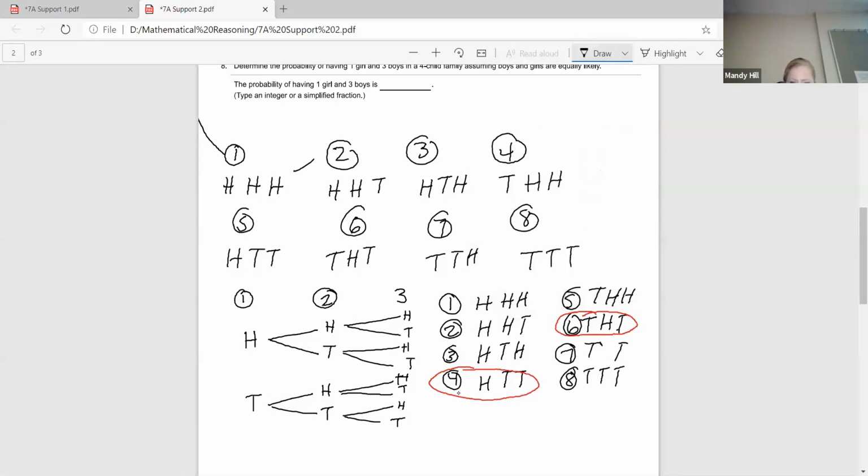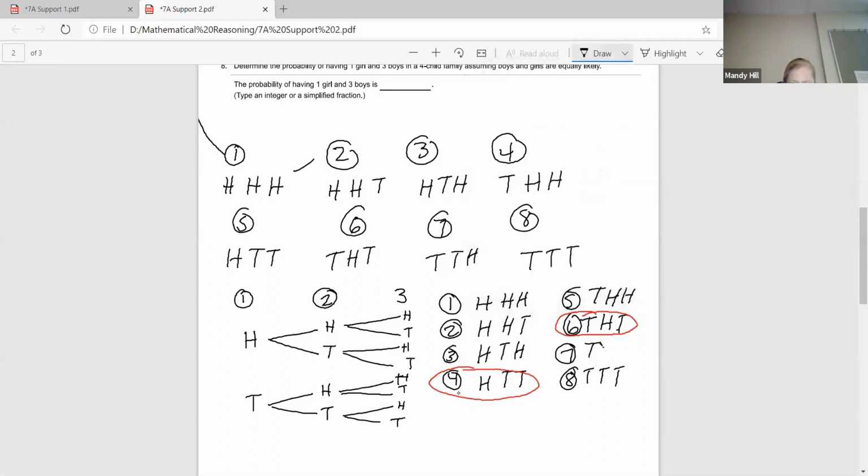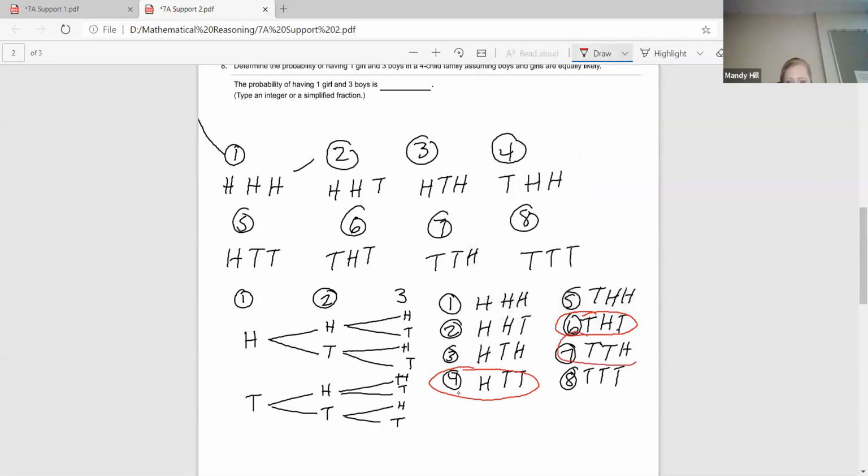Sorry about that. Okay. So this one also has one head then, right? Have we listed that one before? No. But we got this one. And then this one has no head, so that's not going to count.